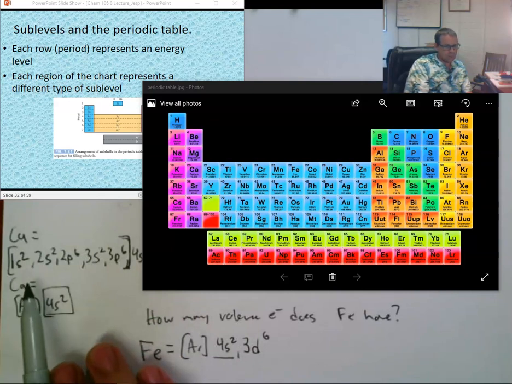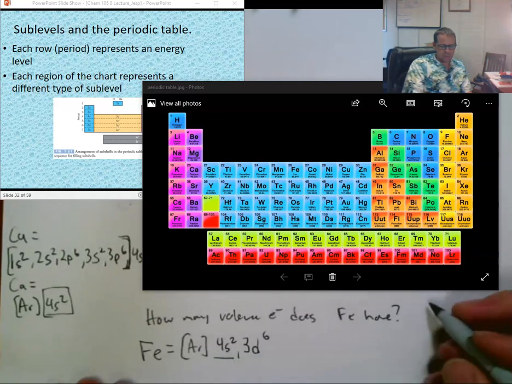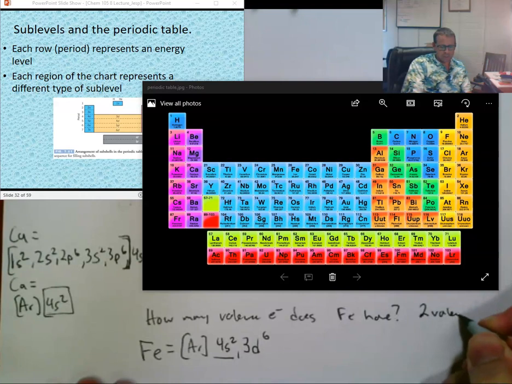So these all have N values of 1, 2, or 3. But these two electrons have the highest N value. And so how many valence electrons does iron have? The answer is 2 valence electrons, because there's 2 that have 4, which is the highest N value for all the electrons here.